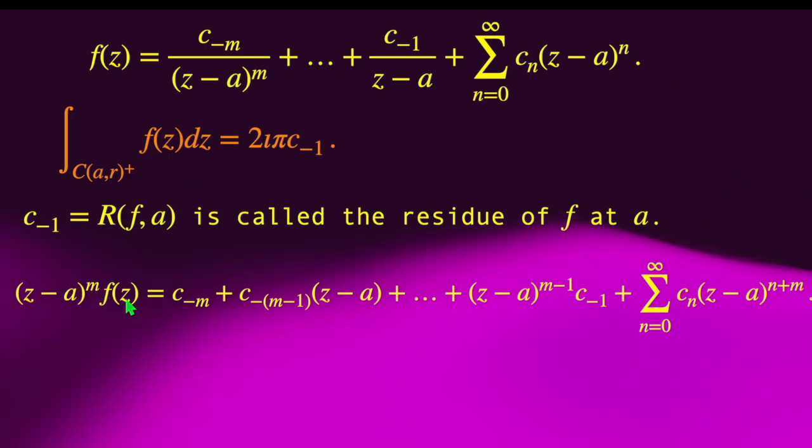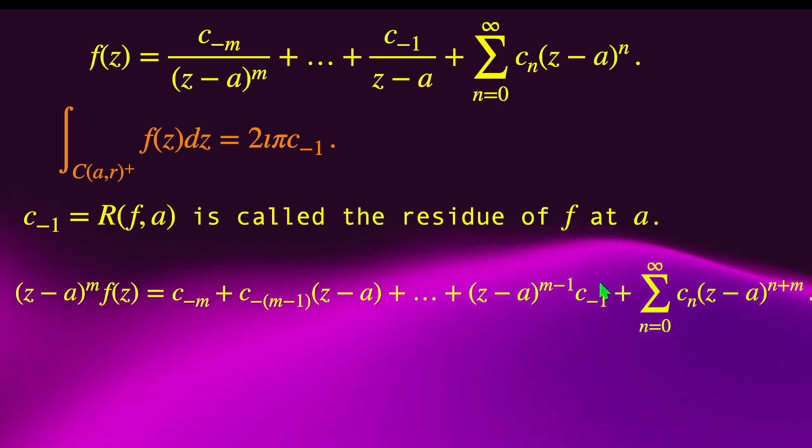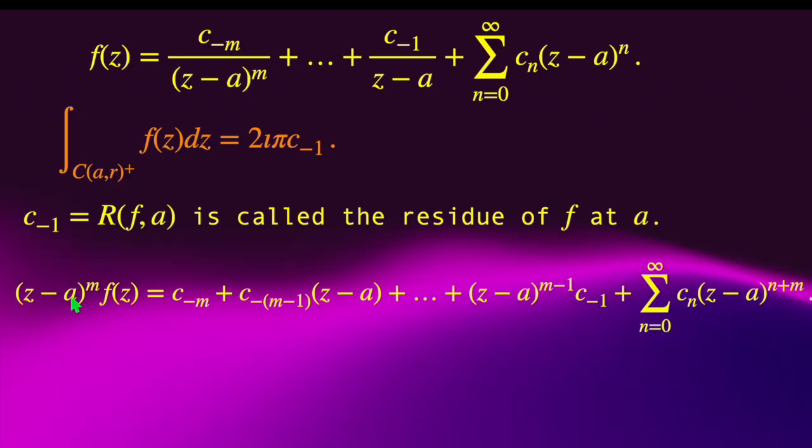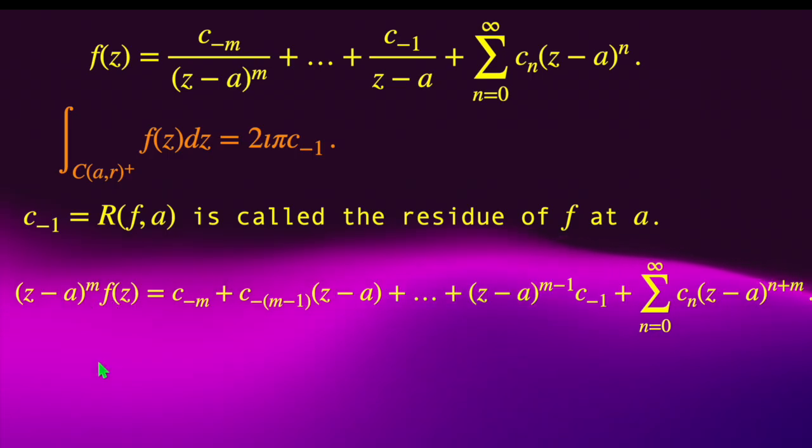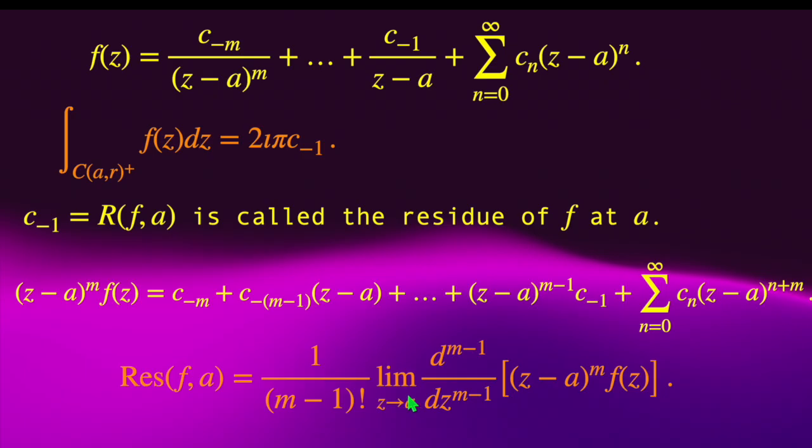And we can see that to compute this coefficient, we need to take the consecutive derivative of this function, and we get this beautiful formula for the residue of f at a.